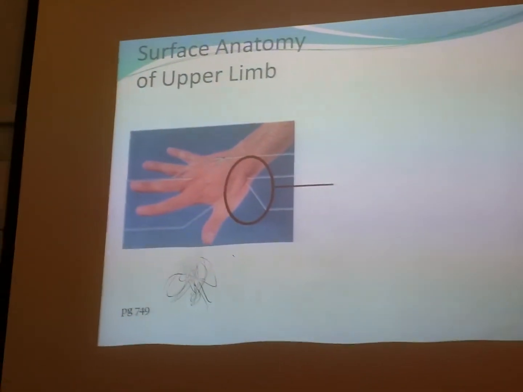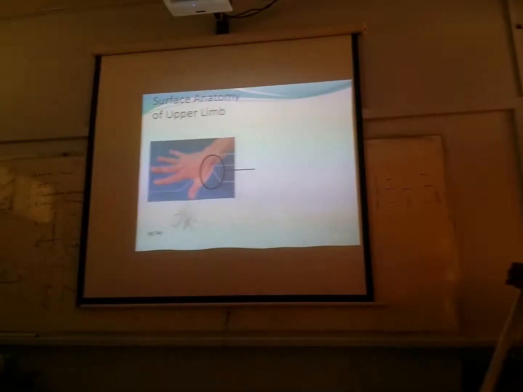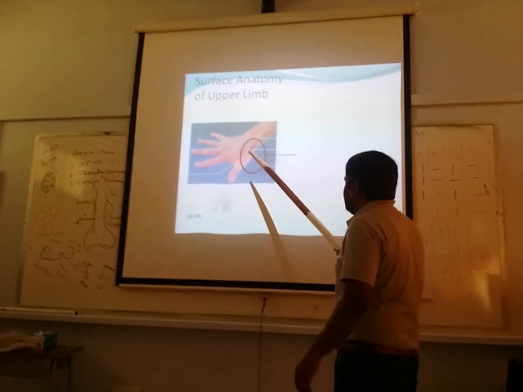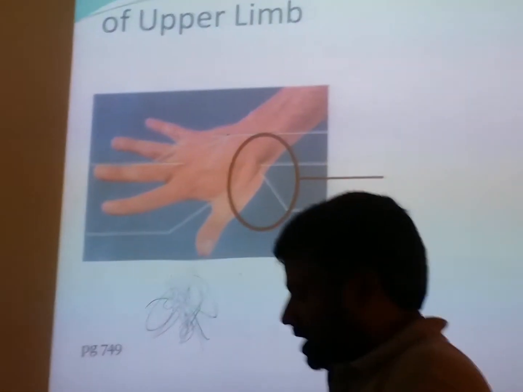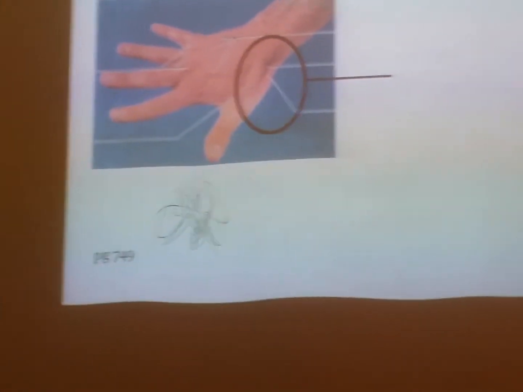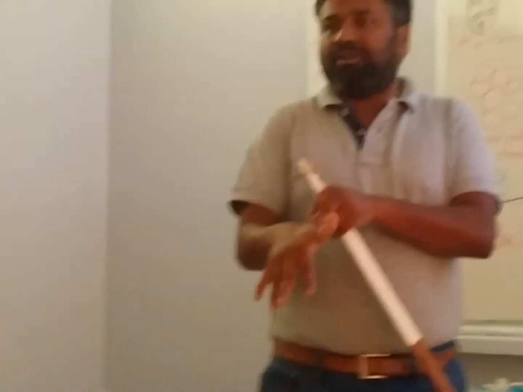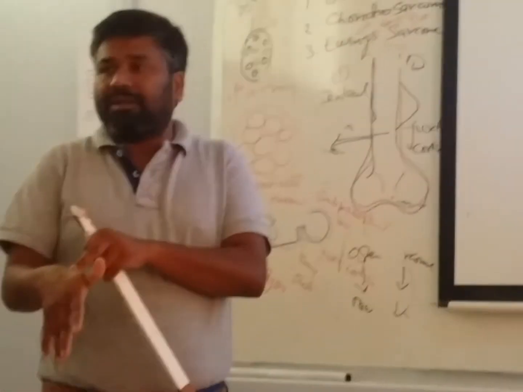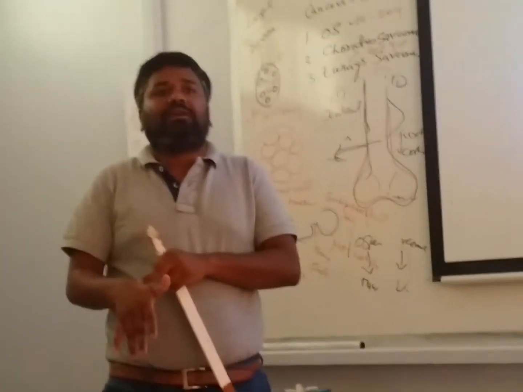So now, one important surface landmark that you find in the hand, and even at the wrist. You just extend the thumb. Everyone, extend your thumbs. You will find a depression there. You find it? That depression is called the snuff box. What is that?